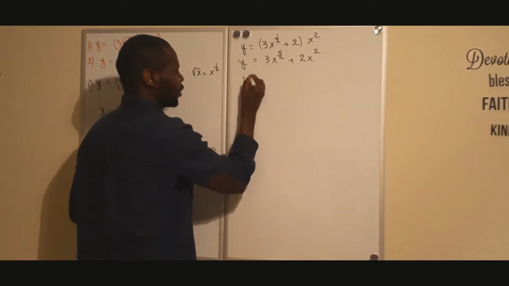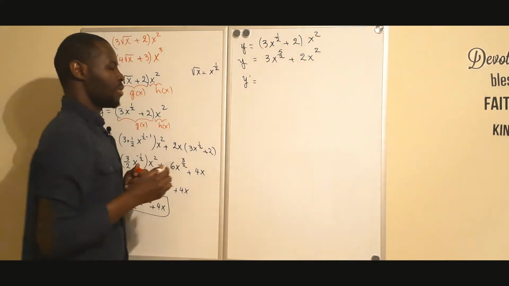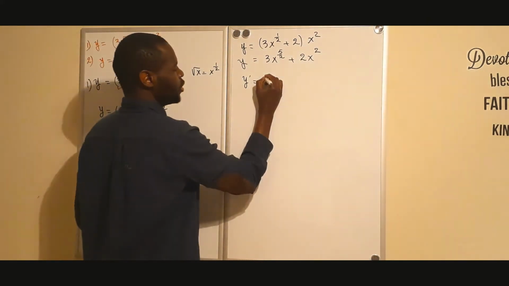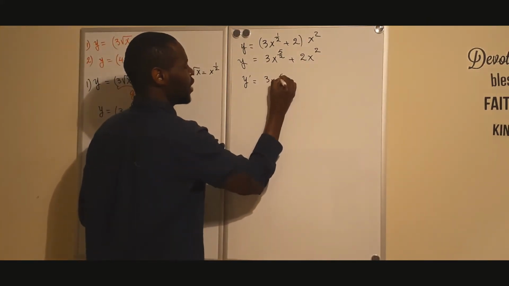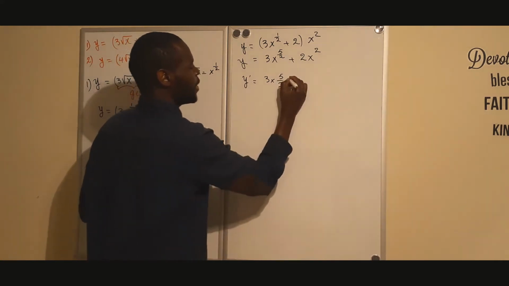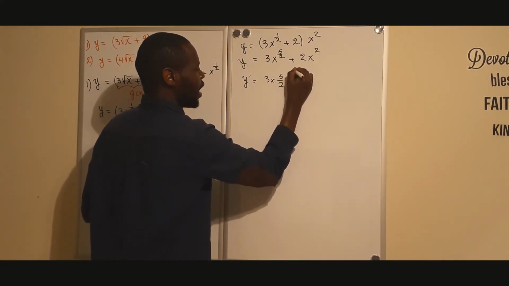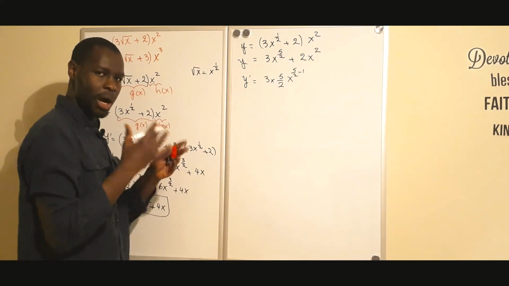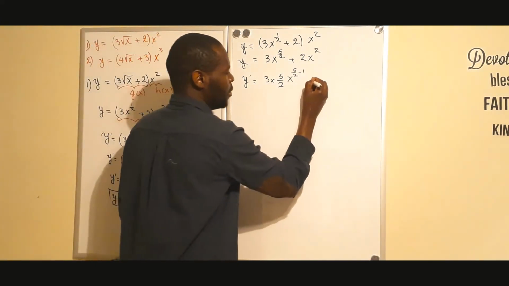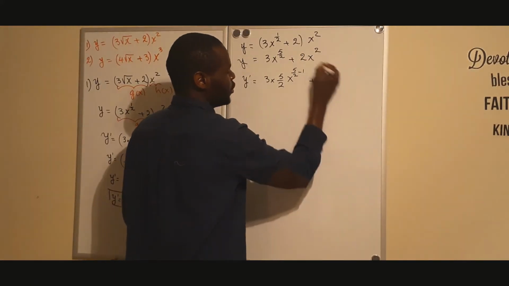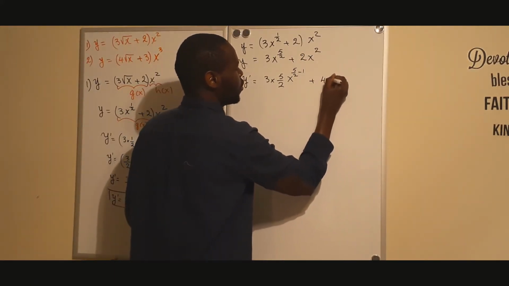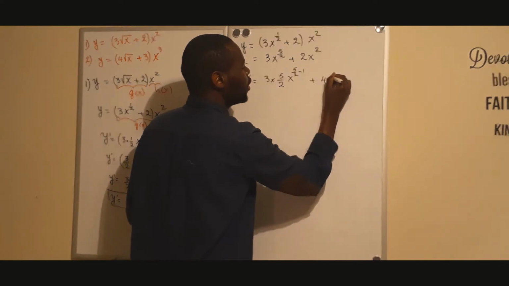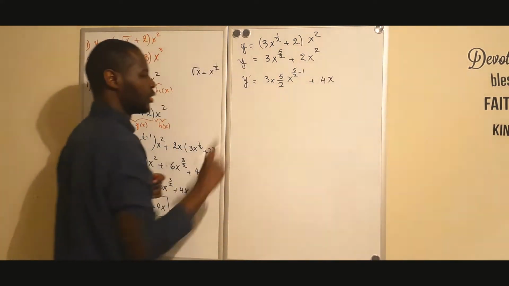Now we are ready to take our y prime. So y prime will be what? So 3 times 5/2 x to the 5/2 minus 1, right? The same, our power rule still applies. Plus the derivative of this one will be 2 times 2, x, 2 minus 1 is 1.